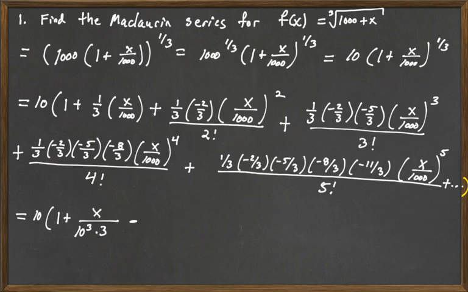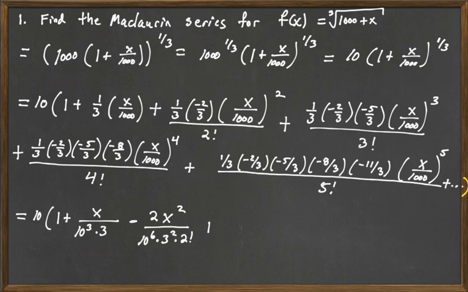Now the next one, we have the 1 times negative 2, which is going to be negative 2, x squared, and then the 1,000 again, so this is going to be 1,000 squared, or 10 to the 6. Then we got 3 times 3, which will be 3 squared, and then 2 factorial. So we're trying to write it so we can notice some patterns, and maybe we can come up with a series representation of this.